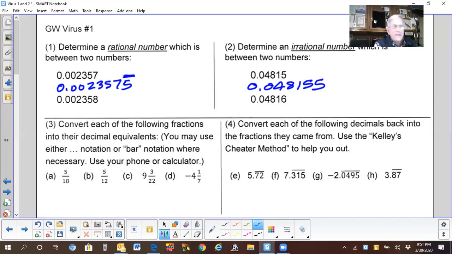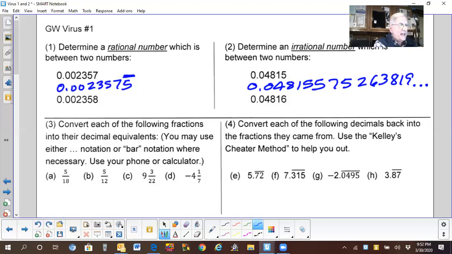Well, there are 3 answers that I would accept. Well, there's a ton of answers I'd accept, but there are 3 number answers that I can show you examples of here, which would be irrational numbers between them. One thing I could do is just put a whole bunch of numbers down after the 5, 5, just so that they're all over the place. And then I could put 3 dots.